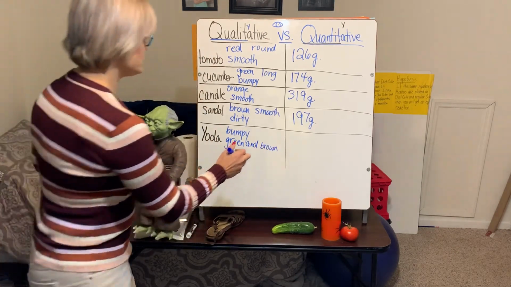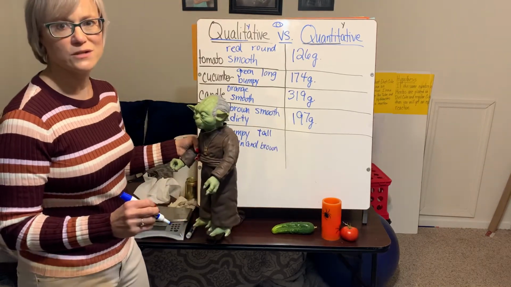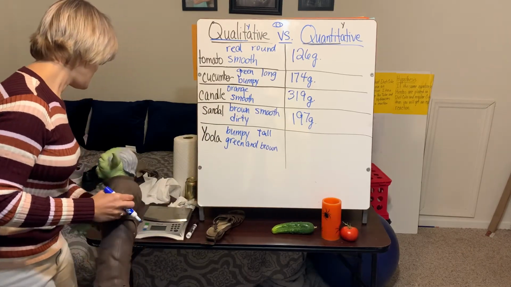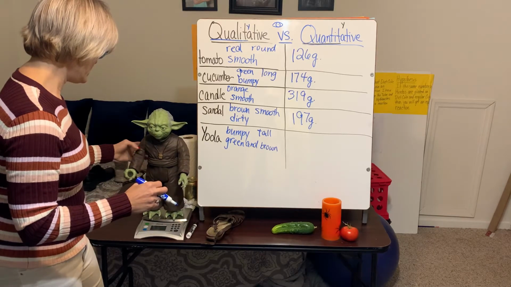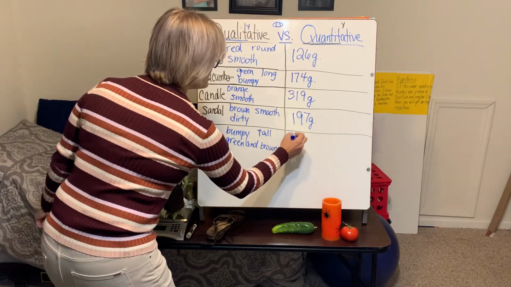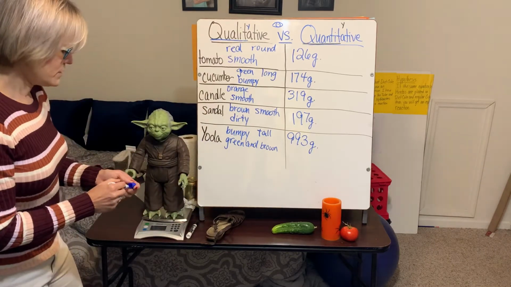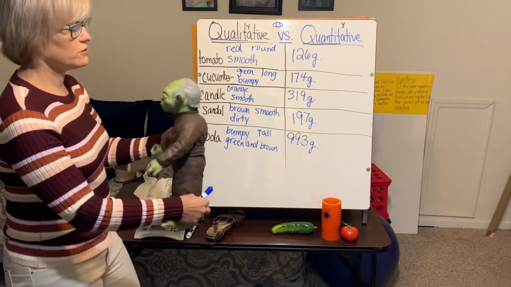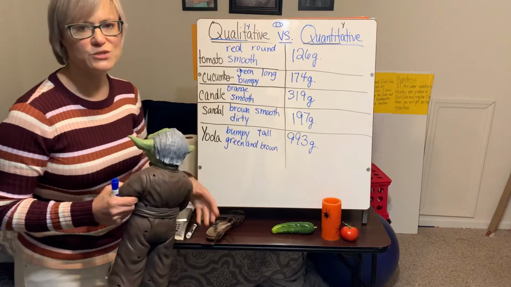And Yoda is tall. Not in the movies though, is he? All right, so I'm going to zero this. And then I'm going to put Yoda on the scale and see how much Yoda weighs. Yoda weighs 993 grams. Now, another thing I could do to measure Yoda is I could measure how tall he is. And that would also be a quantitative observation.